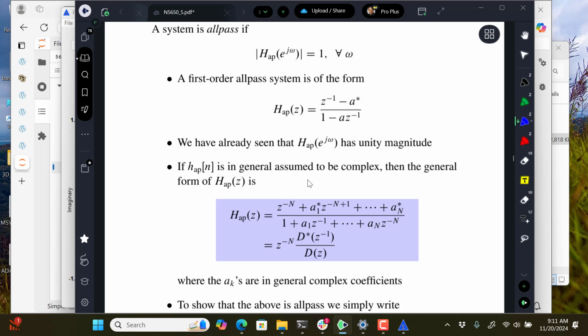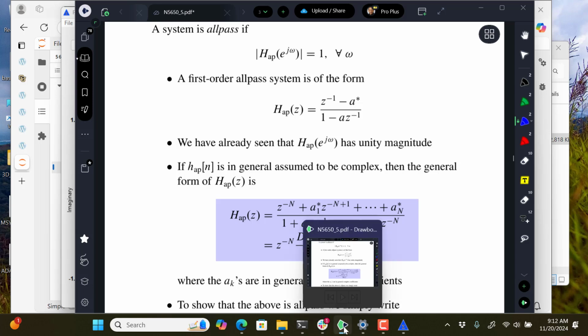The way I remember it, and I remember it for the case of the real all-pass, not the general complex one, is that the memorable thing is the denominator coefficients are A0, which is 1, A1, up to AN, and then up in the numerator there's a z to the minus N that was factored out, but you could visualize this as being flipped around the other way, so the coefficients count up in the denominator, and then they count down in the numerator if you just do that flipping. And I have that in Jupyter for sure.